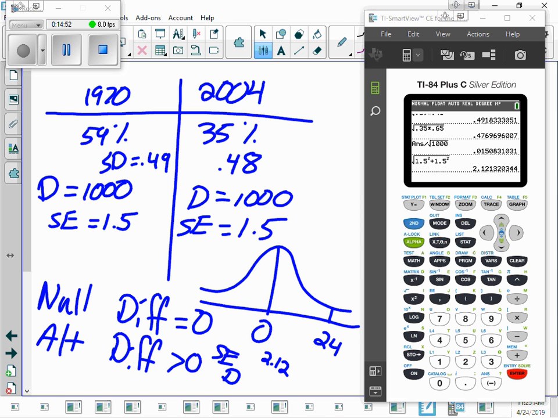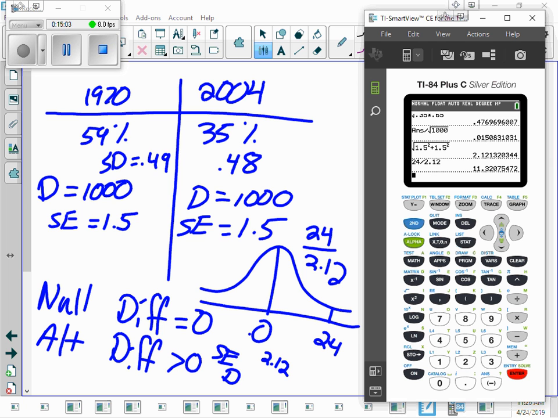So I take 24 minus 0 is 24, and I divide that by 2.12, and I get a z-test statistic of 11.32, which means we reject the null because it's bigger than 1.86.